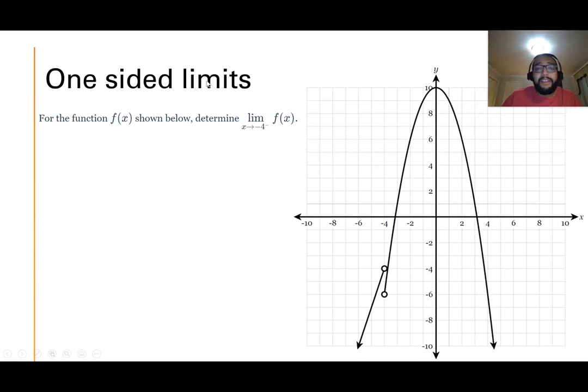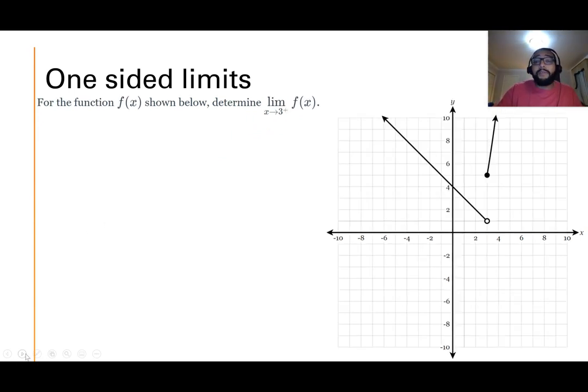Speaking of left-hand side and right-hand side, we're going to calculate this. Remember our notation? It's a little negative sign for left and a plus sign for right. This talks about the values that are less than negative 4. Here's our negative 4, so it must be these values right here. As this part of our graph approaches negative 4, it looks like it's approaching negative 4 for our y value, which leads me to say that the limit as x approaches negative 4 from the left of f of x is equal to negative 4.